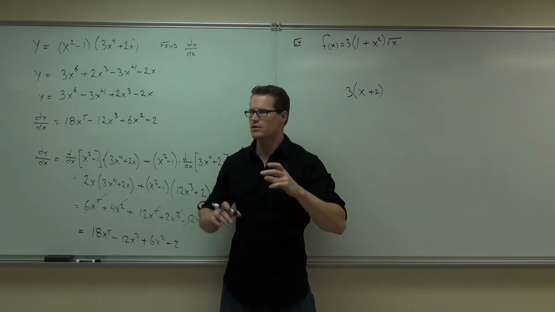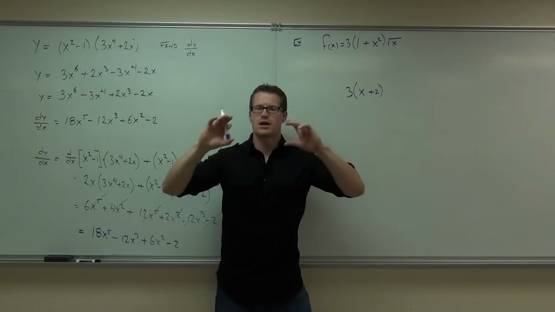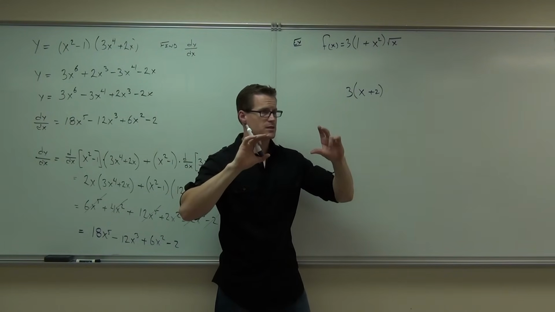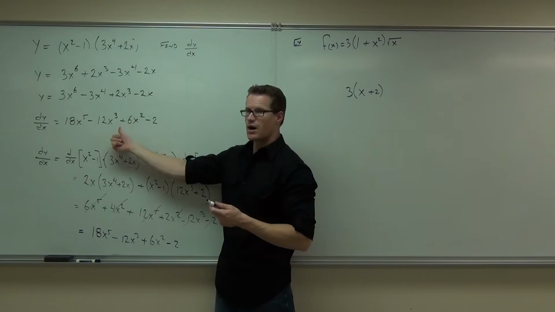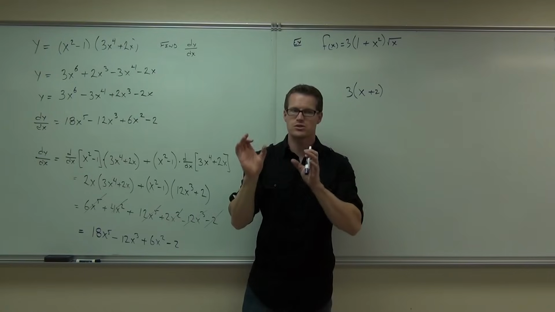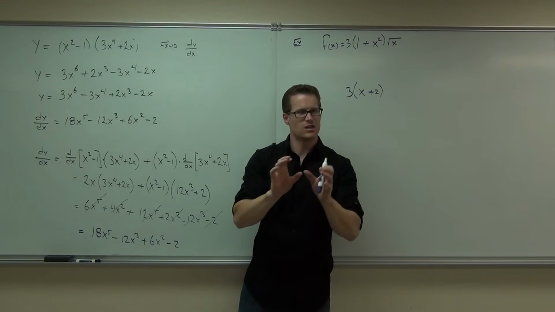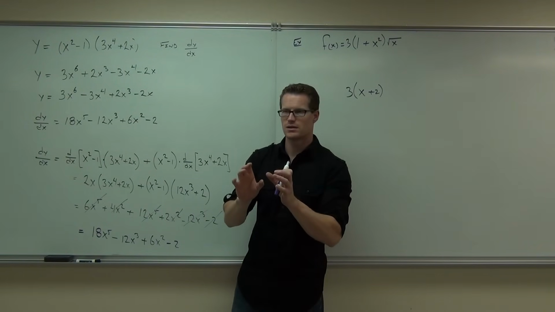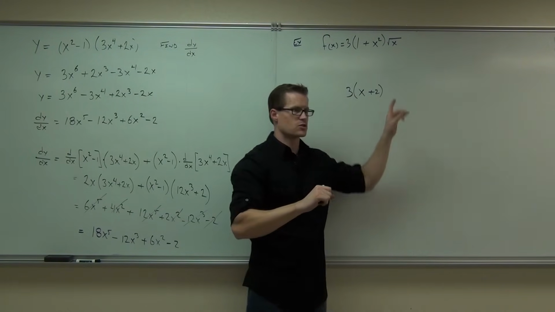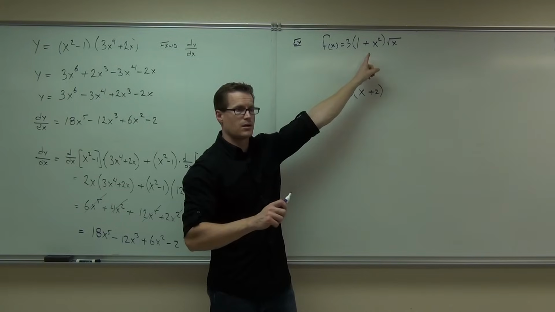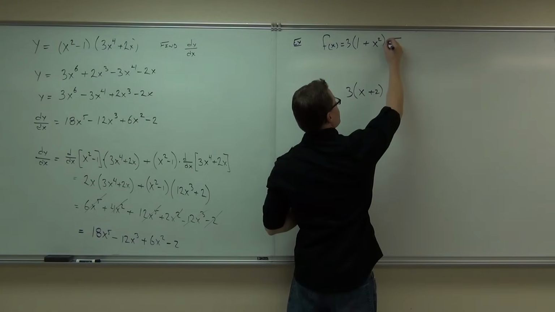We're talking about products of functions in terms of x times functions in terms of x. Are you with me on this? Which is why we don't have to use the product rule when you find the derivative of that piece. That's just a constant times something. We're talking about functions of x times functions of x. You need to see the difference. Are you okay on the difference in that? You sure? So do we have a function in terms of x times a function in terms of x on that problem up there? Yeah, in fact, this is it right there.